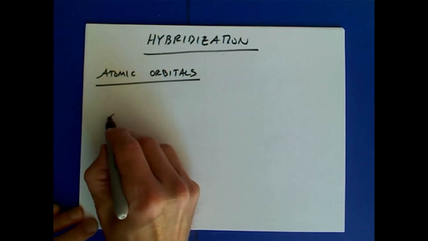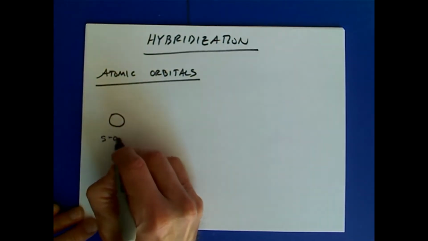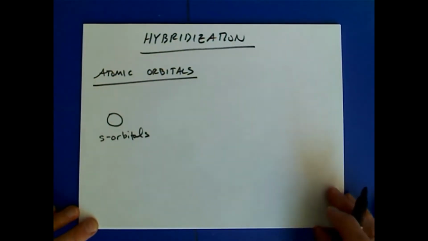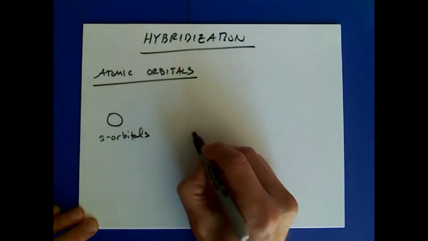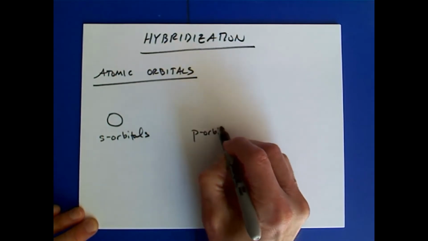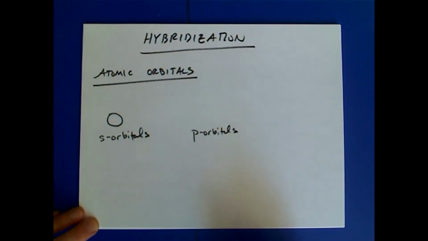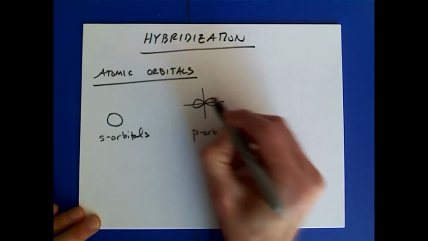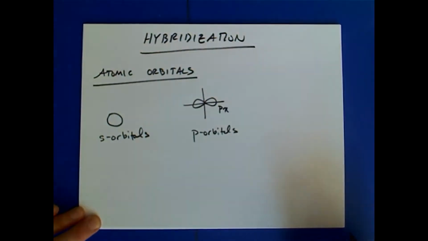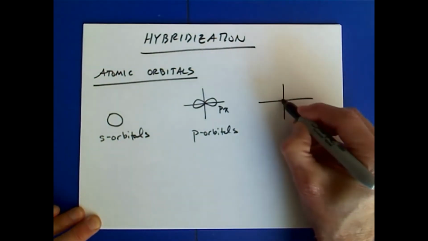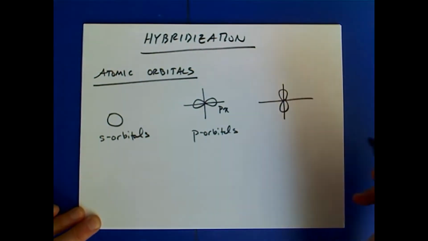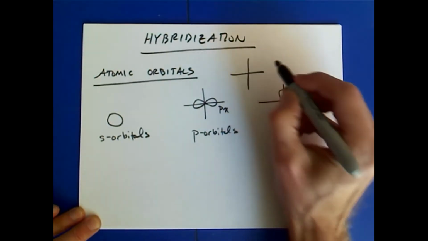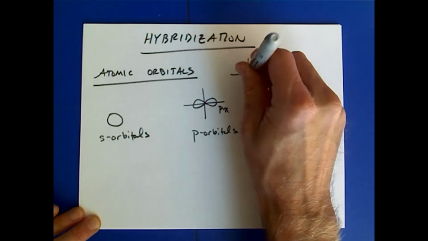You may remember that we have s orbitals that are spherically shaped. There are also, for any subshell, 3 p orbitals. Those 3 p orbitals will either orient themselves along the x-axis, in which case we'd call it a px orbital, along the y-axis, in which case we'd call that a py orbital, or along the z-axis, which would be straight up and down this way.